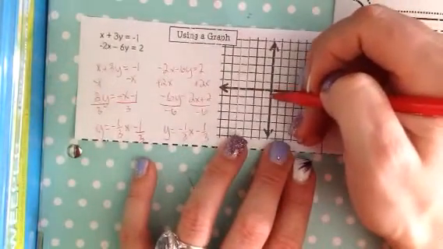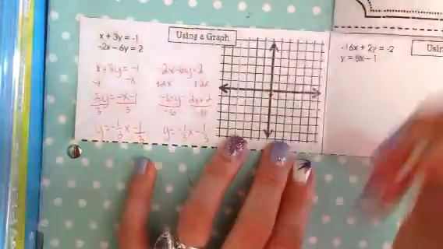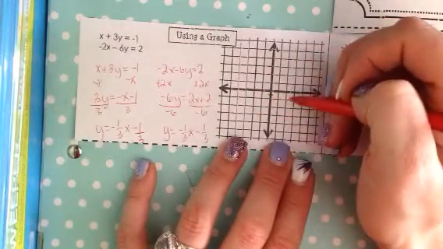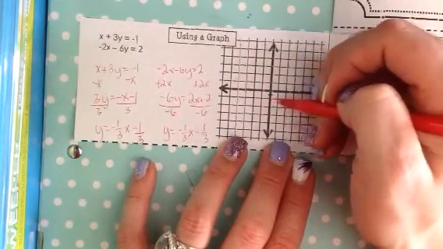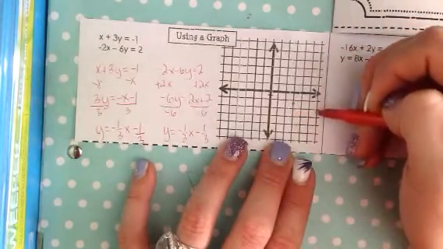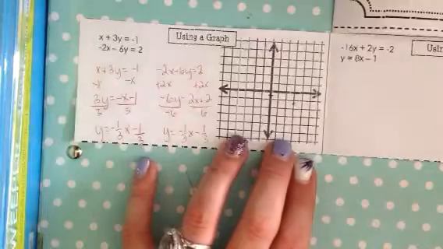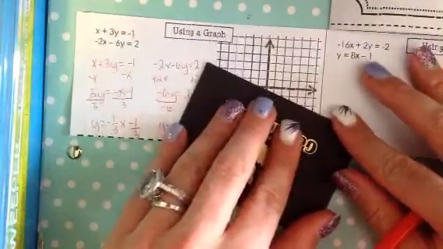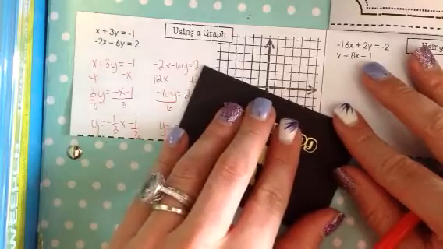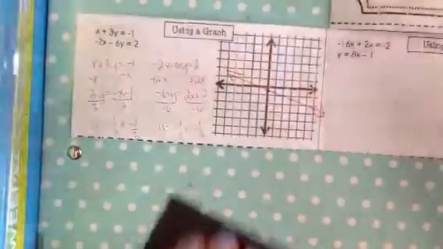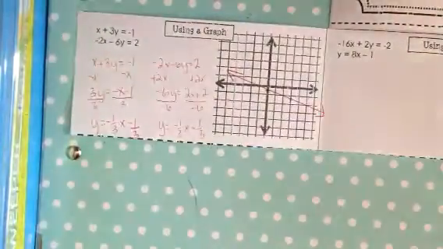I go to negative 1/3. I'm going to say that's about there. And then my slope is down 1 over 3. Down 1 over 3. So if I connect my dots, if I were to graph the other equation, it'd be right on top of it.